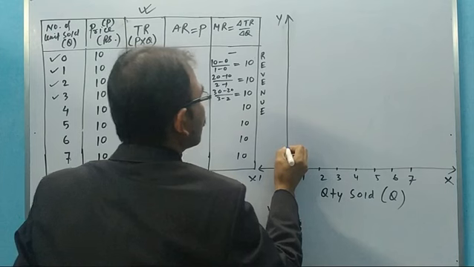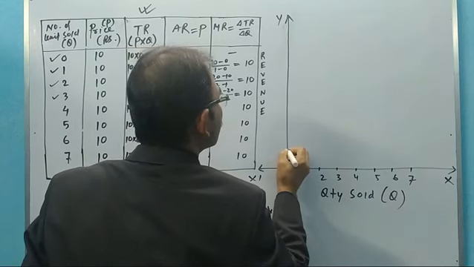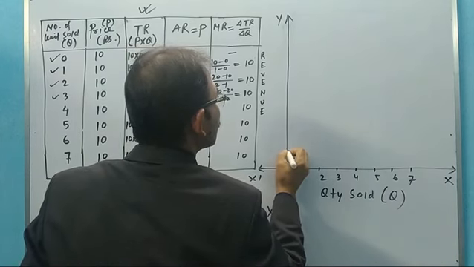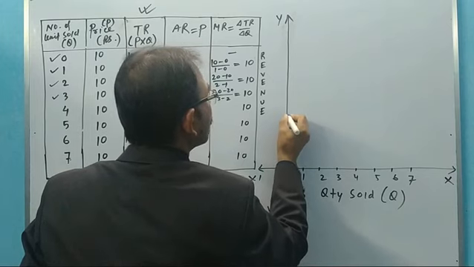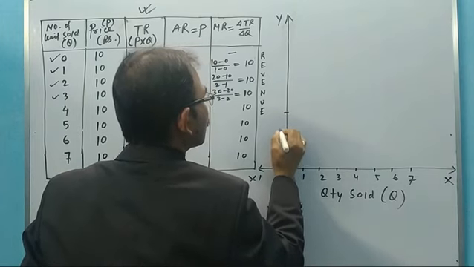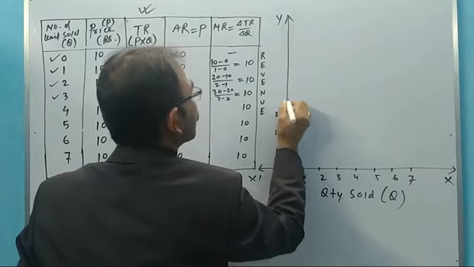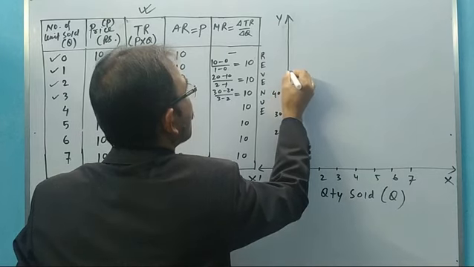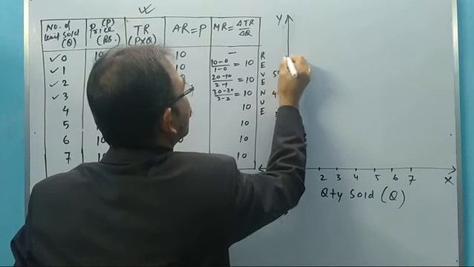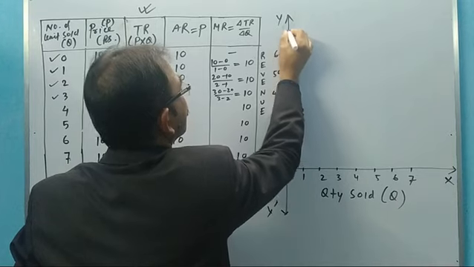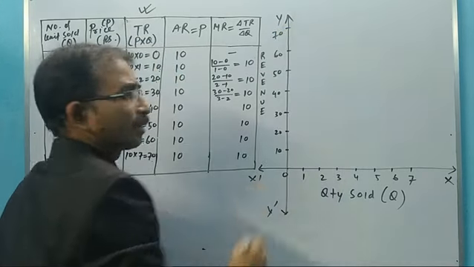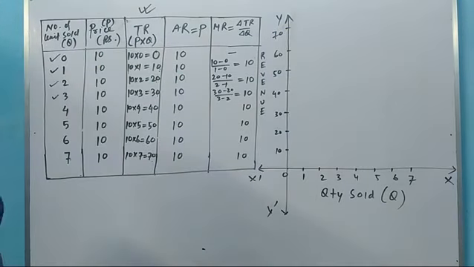So now I am taking a distance of 10 rupees: 10, 20, 30, 40, 50, 60 and 70. Clear? Now I am putting the data.